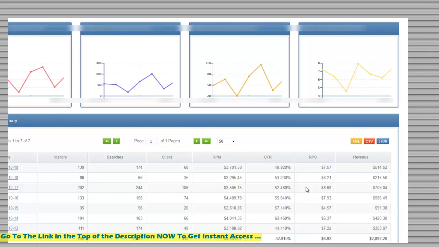They don't know about getting paid for clicks still, even to this day. And this is something that I really want to show you. And as you can see, just on the 19th, as I said, $514.52 so far today. But as I said, no one really knows about getting paid for clicks specifically, okay?